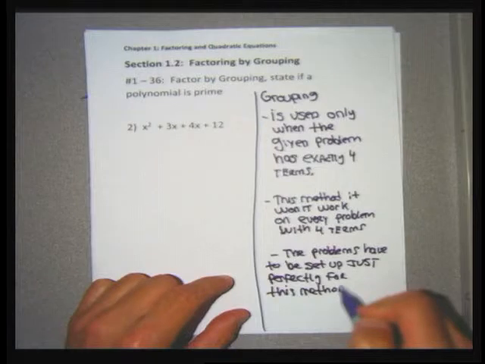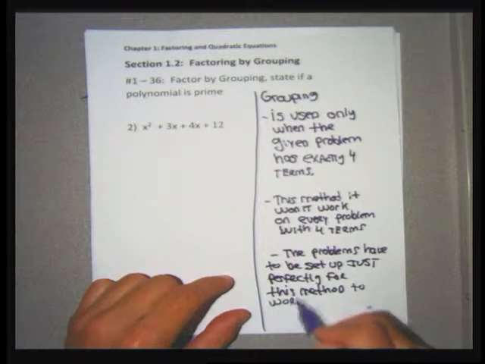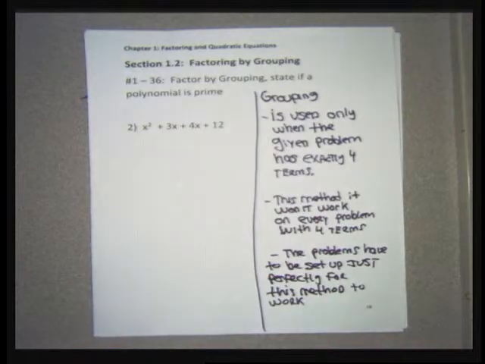It's not my favorite method. In fact, I rarely use factoring by grouping. As we get deeper into this chapter, we'll show you different problems that you can use factoring by grouping for and ways to avoid factoring by grouping.